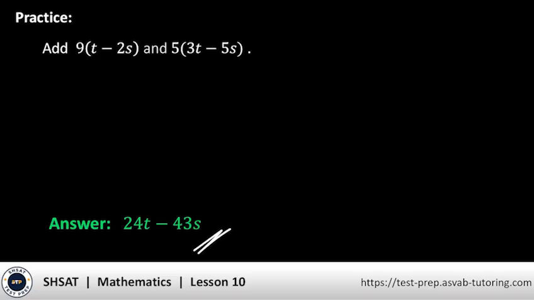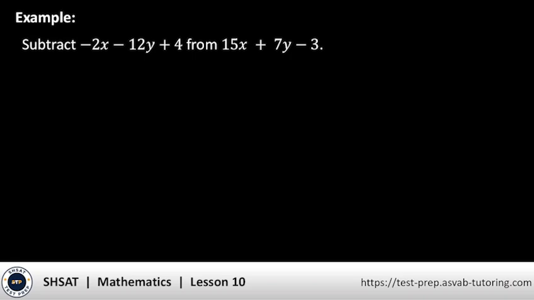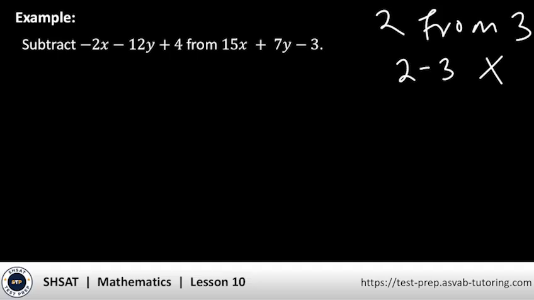Okay, moving on. Subtract this from this. Okay, so this is a tricky part. Let's say if I tell you to subtract 2 from 3, okay? 2 from 3, do you go 2 minus 3? No. You need to go 3 minus 2. So basically, what happens after the from comes first, okay?